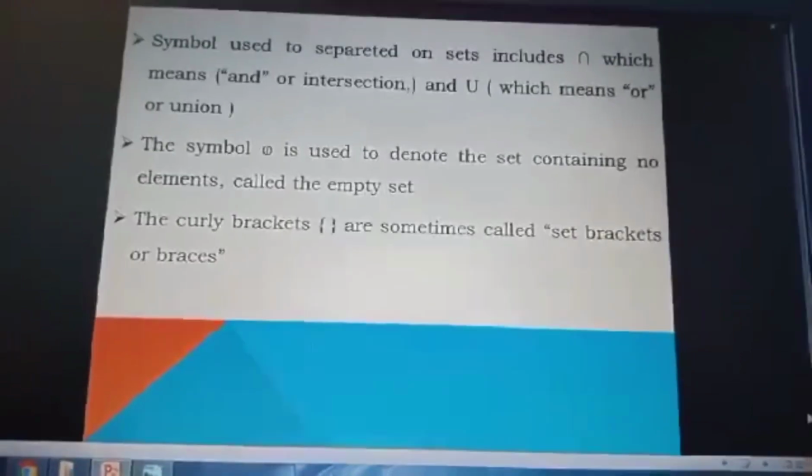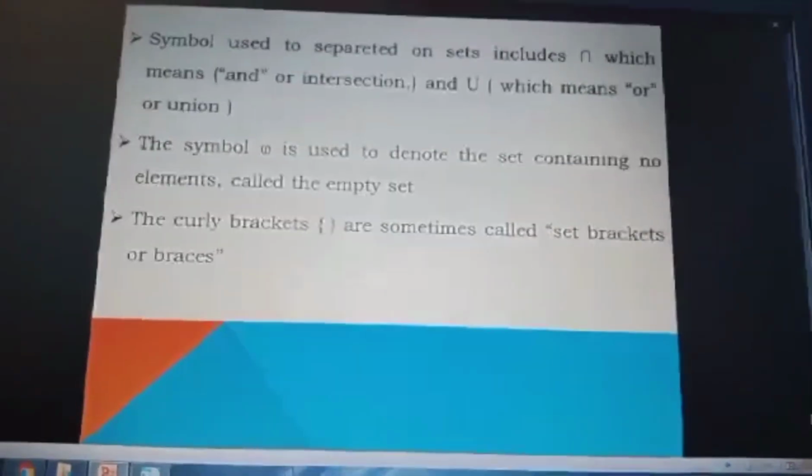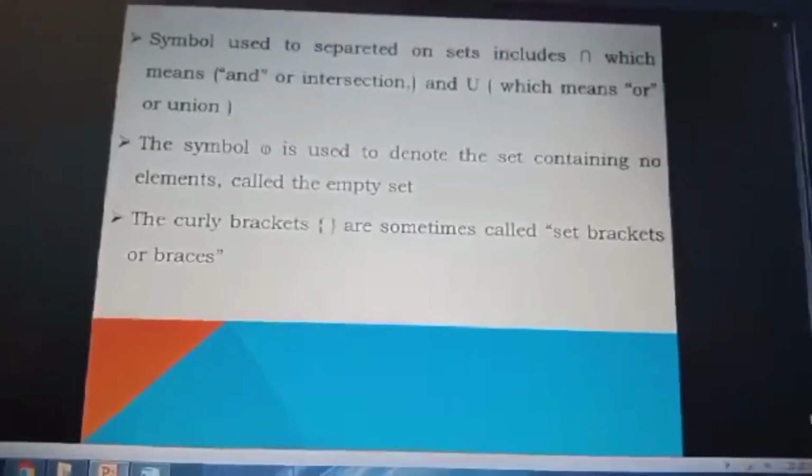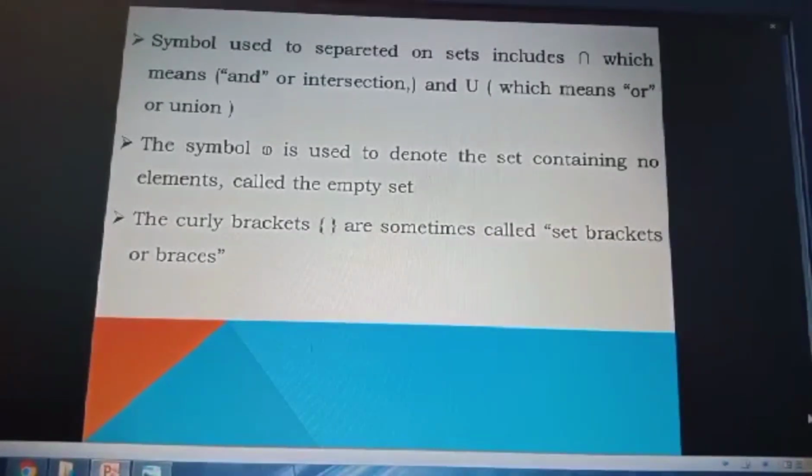The symbol ∅ is used to denote the set containing no elements, called the empty set. The curly brackets are sometimes called set brackets or braces.